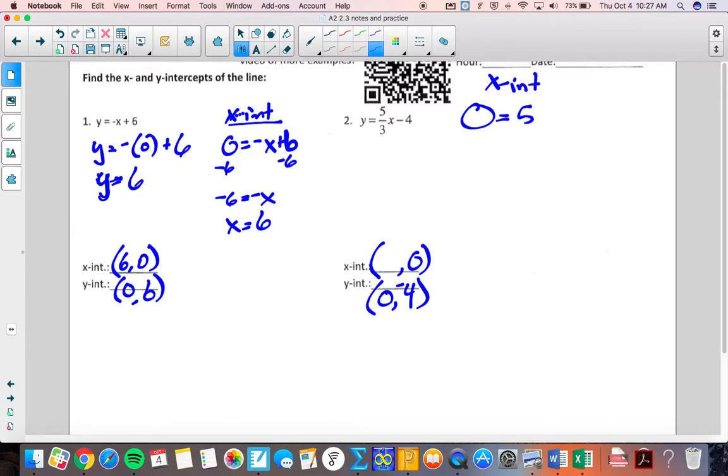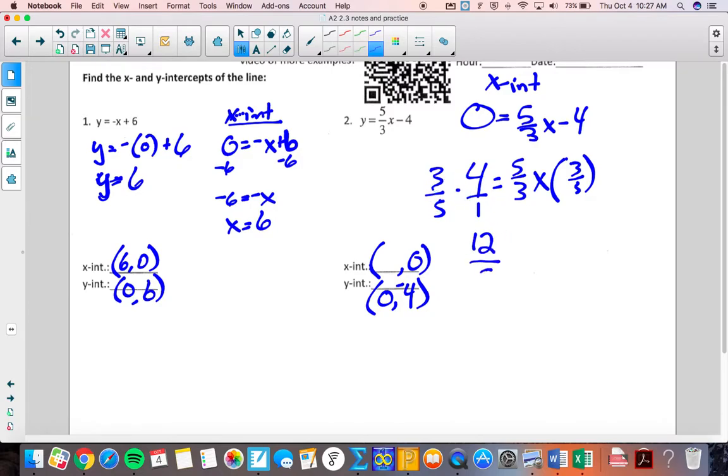So 0 equals 5/3 x minus 4. So we add 4. So we get 4 equals 5/3 x. And now we multiply by the reciprocal to get x by itself. So I'm going to multiply 4 by 3/5, and I'm going to write 4 over 1 because multiplying fractions, we multiply straight across. So I realize that there's a 1 on the bottom, and I get 12/5.